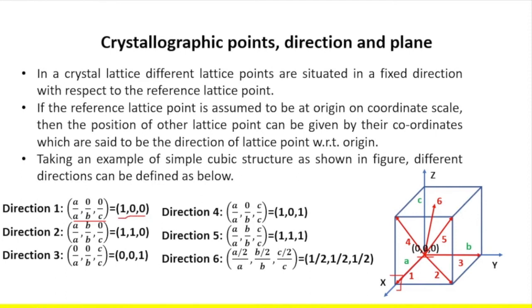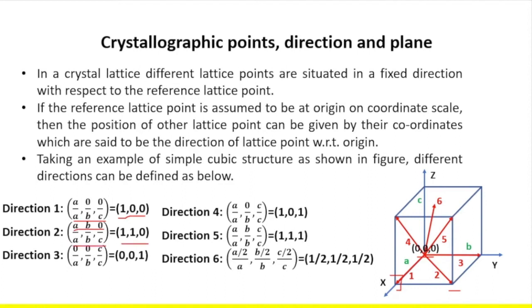Similarly for point 2, here the coordinate is a, b and 0, and if we divide it by the lattice constants, then we will get 1, 1, 0.